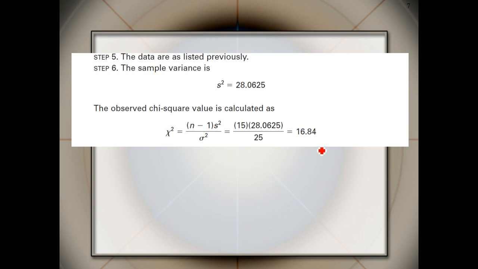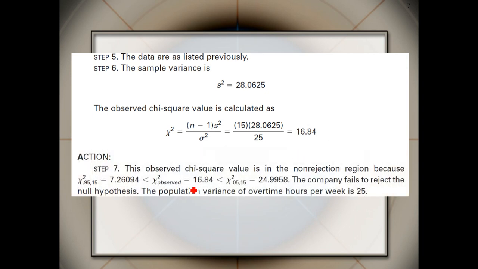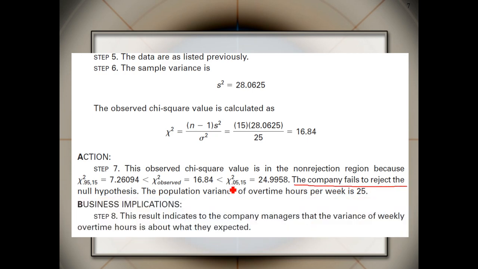So since this value is between 7.26 and 25, we fail to reject the null hypothesis. That's our conclusion. And hence we say the population variance of overtime per week is 25. The result indicates to the company manager that the variance of the weekly overtime is about what they expected. It has not changed.